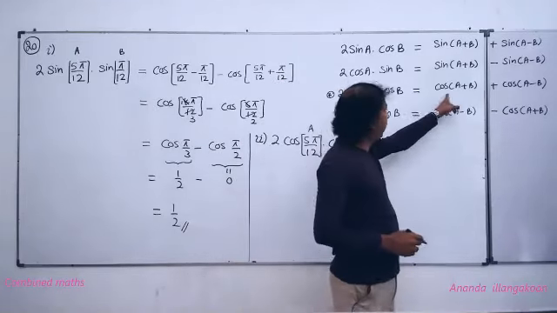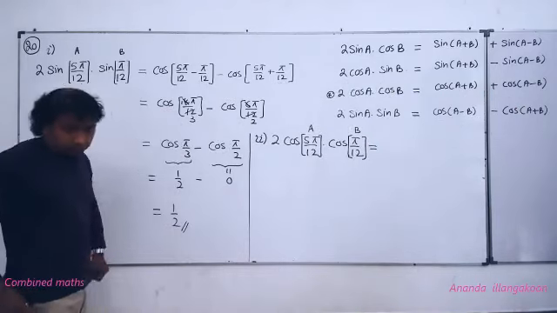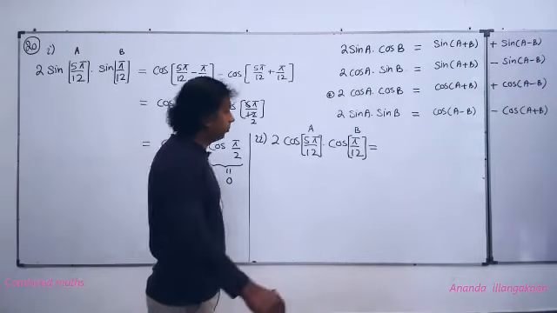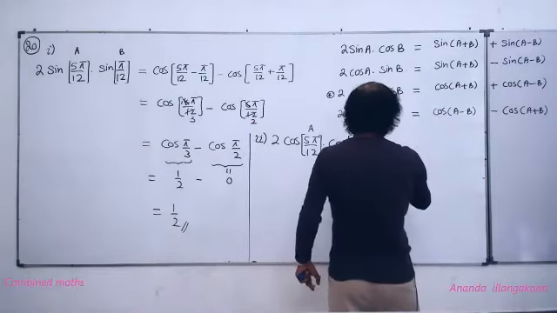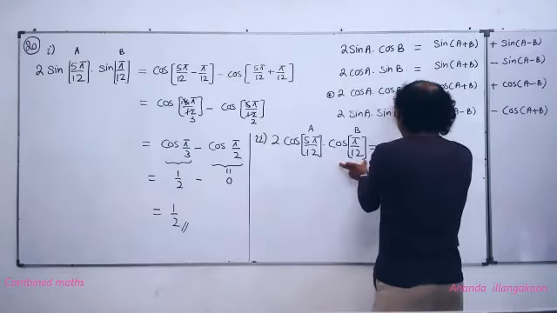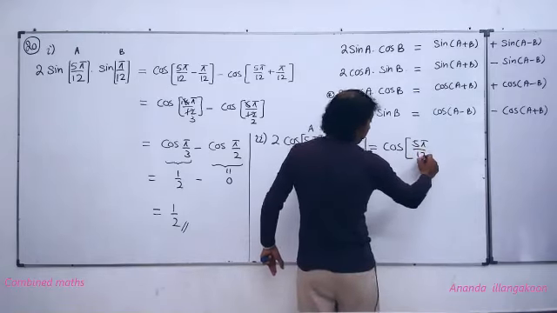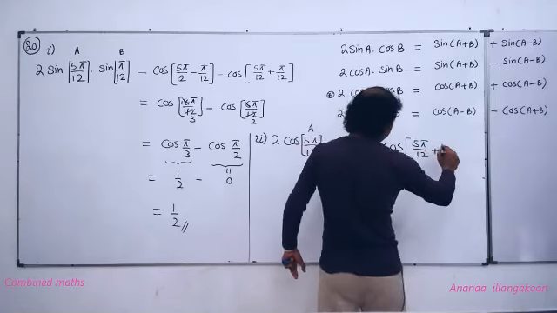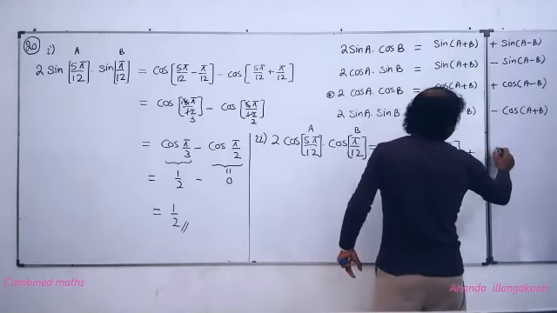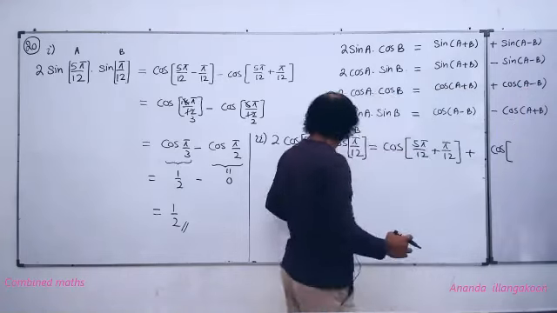Then the right hand side we can apply to this. What do you get there? Cos A plus B, which means sum of these two angles: 5 pi by 12 plus pi by 12. Plus, what is the next one, people? Cos A minus B in the same order.